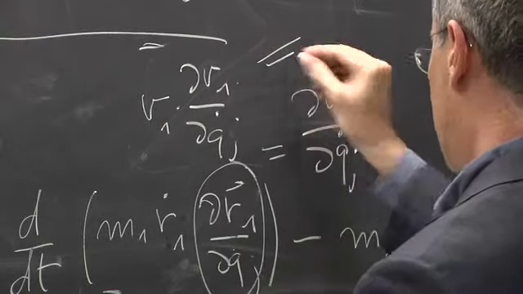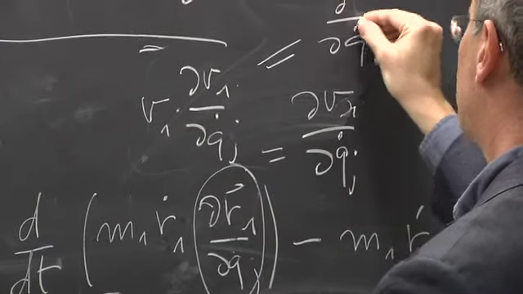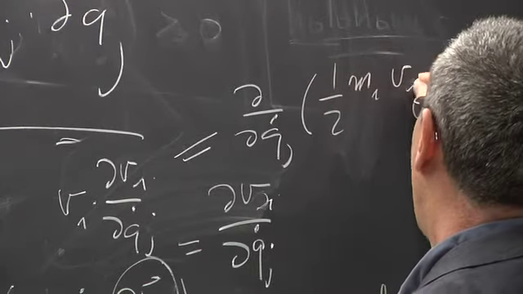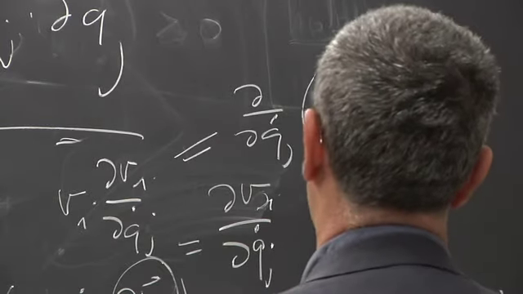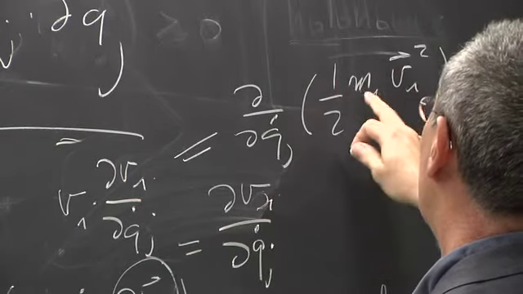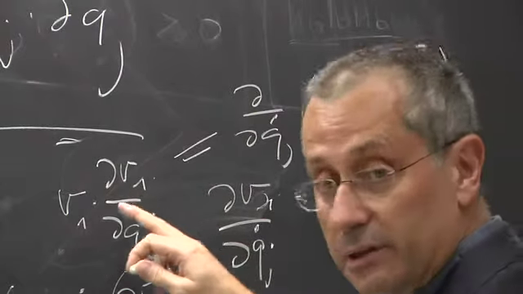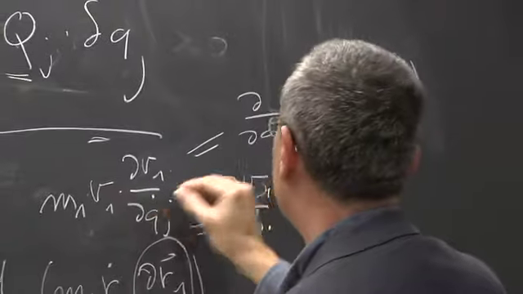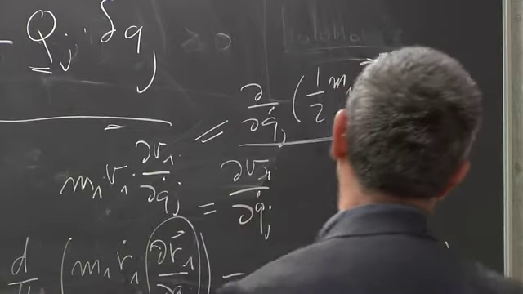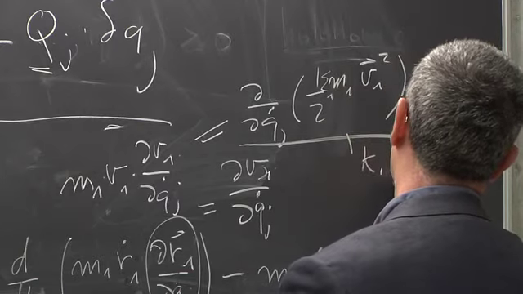And this quantity, if I write d dq dot j of 1/2 mi vi squared and take this derivative, you take the 2 from the square times mi vi and hit it with this derivative of vi, and you get this. So from this term, I was able to extract something that looks like what? This is T, the kinetic energy.